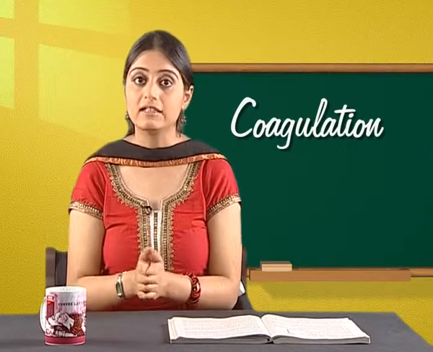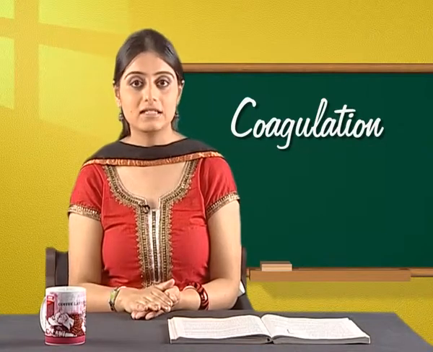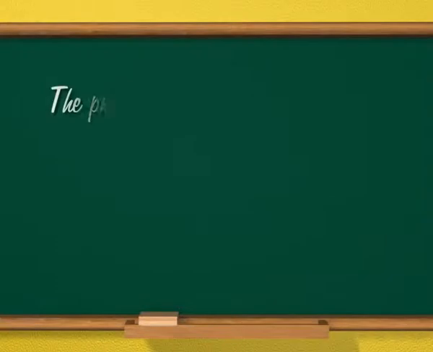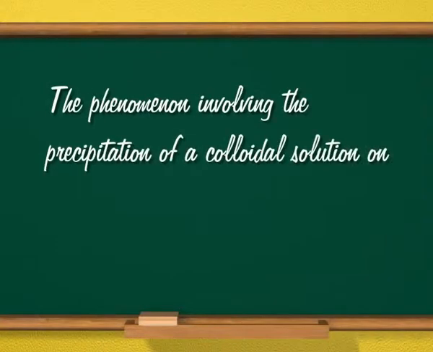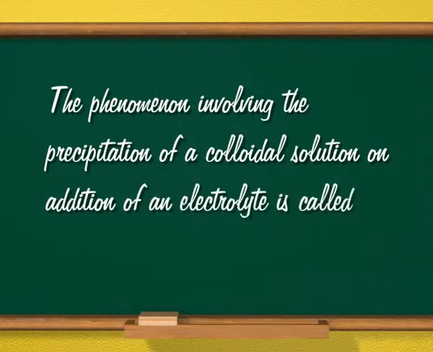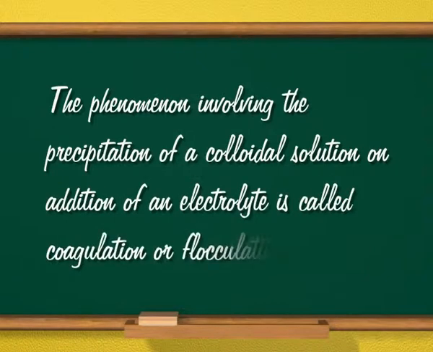However, when an electrolyte is added in a substantial amount, the oppositely charged ions of the electrolyte neutralize the charge on colloidal particles and compel the sol to get coagulated. Coagulation may be defined as follows. The phenomenon involving the precipitation of a colloidal solution on addition of an electrolyte is called coagulation or flocculation.